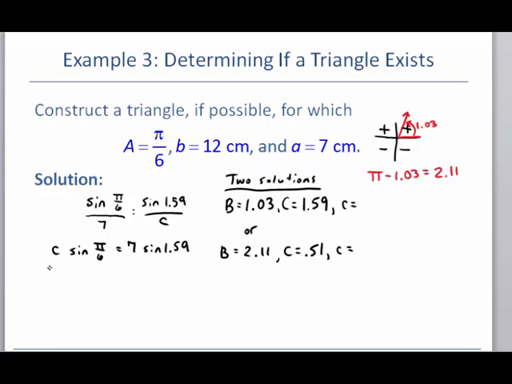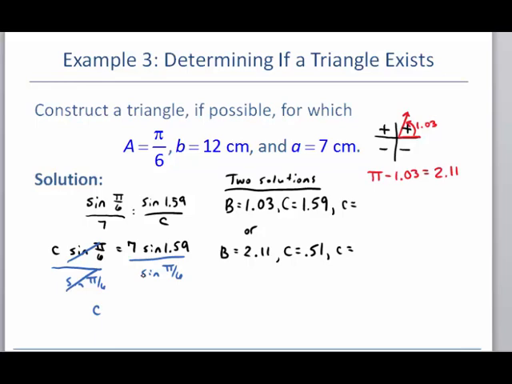We're going to divide both sides by sine pi over 6, making it cancel on the left. And so side C is going to be, and I'm going to enter this in my calculator, 7 times sine 1.59 divided by sine pi over 6.